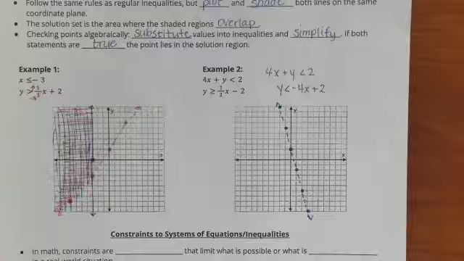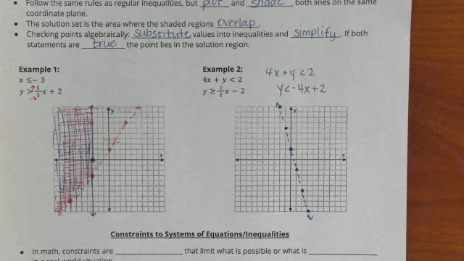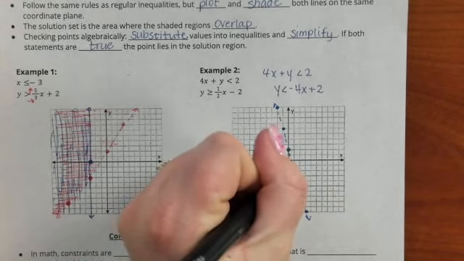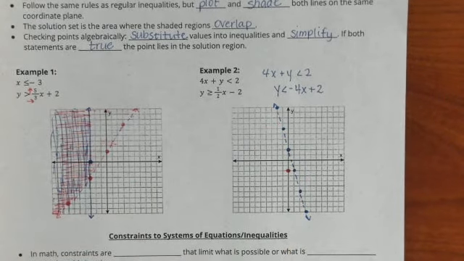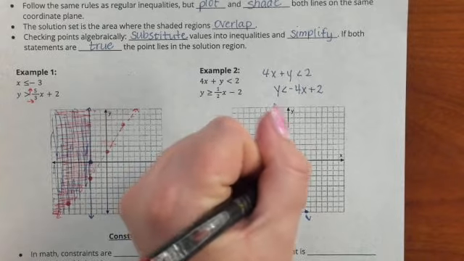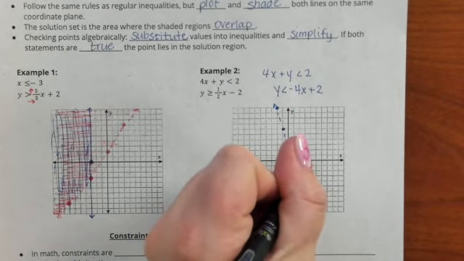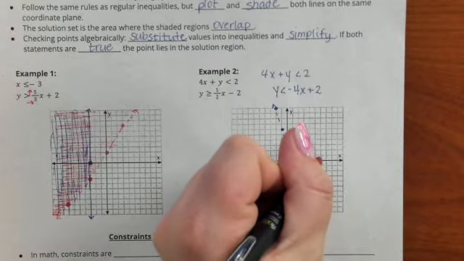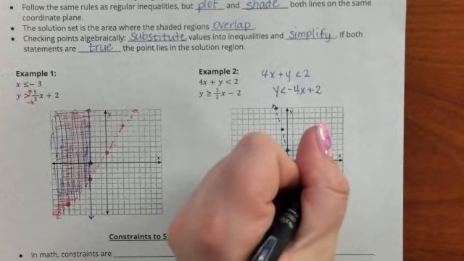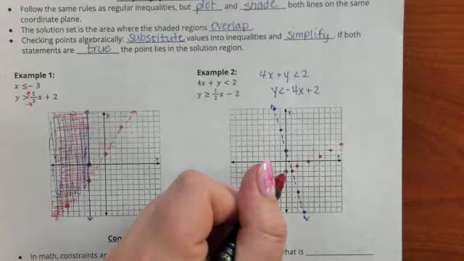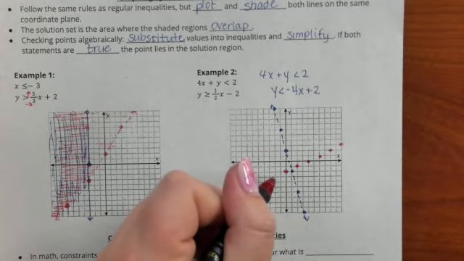So starting with line number 2, I'm looking at -2 as my y-intercept. Then my slope is 1/2, so I'm going to rise 1, run 2. So up 1, right 2. And to get the left side, I reverse my direction, so down 1, left 2.